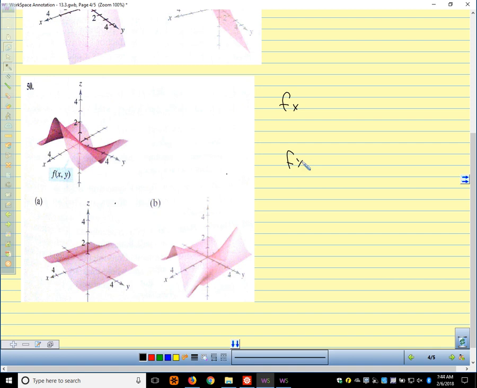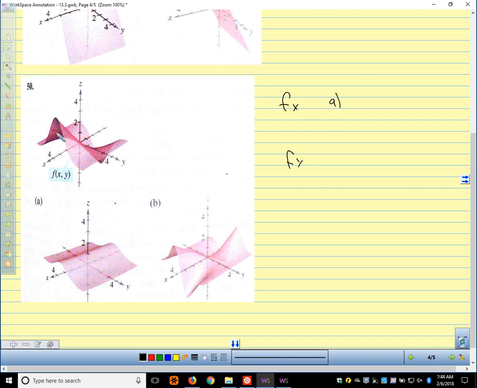Where is it steepest? In the middle, right along the x-axis. Here we're going uphill, not very steep. So the partial with respect to x is always positive. The slope is the steepest along the x-axis. That's going to be A.